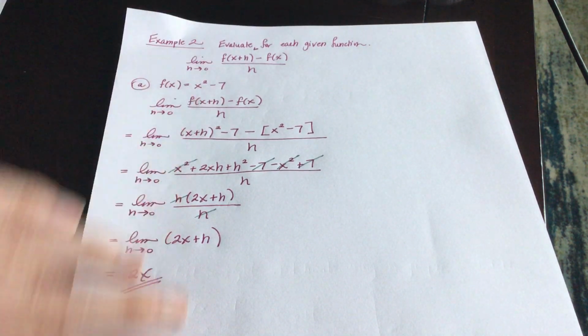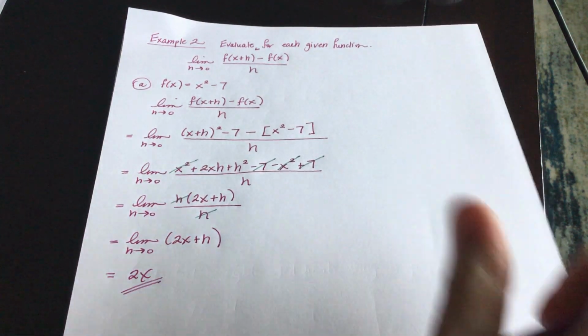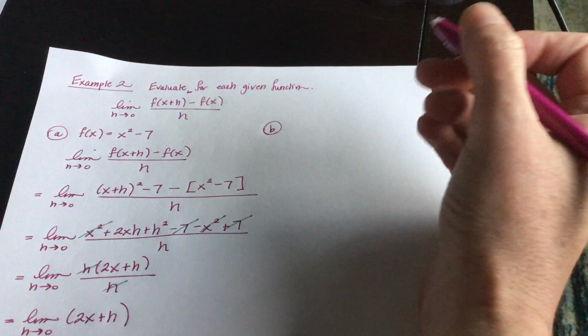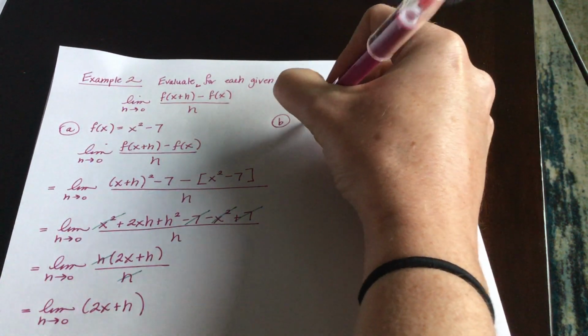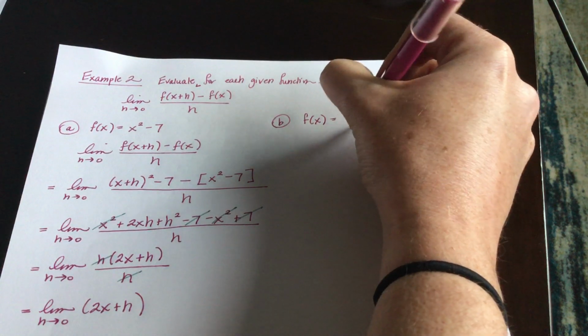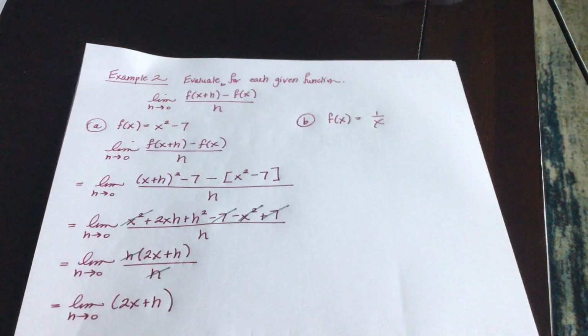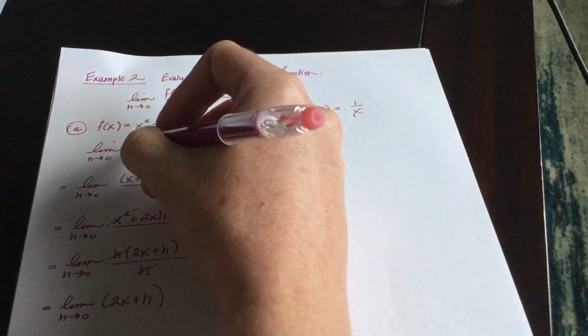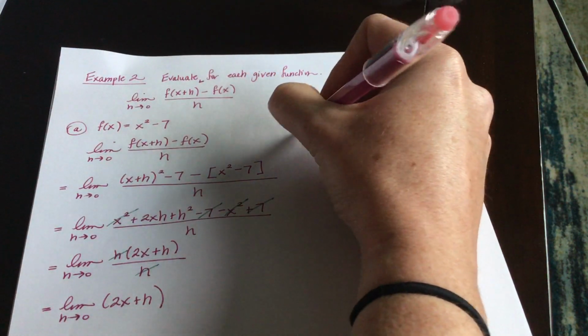Okay, part B. Let's see if I can fit it over here. All right, same expression up here, but this time f of x is defined as 1 over x. Good time to pause the video and see if you can do it without me. But I'm going to go ahead and show as many steps as I did before.